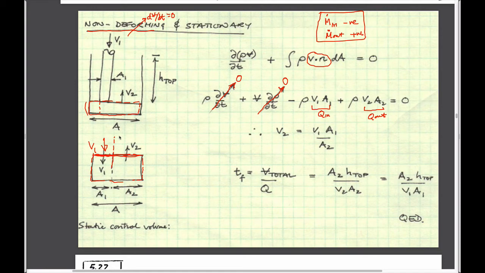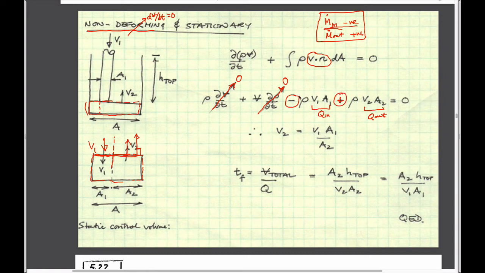V1 is into the volume, and so it's negative. This is a scalar value, and it's multiplied by density. V2 is out of the volume, and because it's out and also parallel to the outer normal, which is the reason that we get this definition here, this is positive.